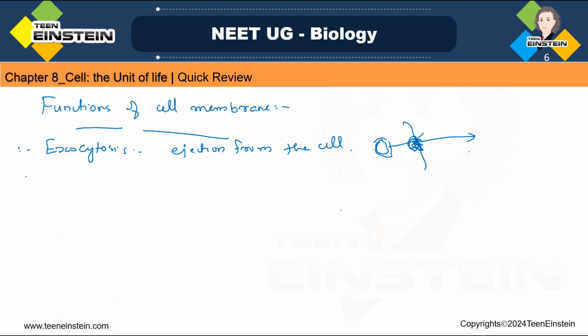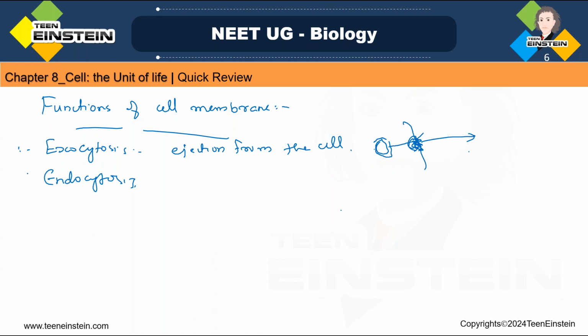Okay, next, endocytosis, or we can say pinocytosis. This takes place when the plasma membrane sinks beneath an external fluid drop. The membrane edges fuse, forming a fluid filled vesicle, and that's how it is taken inside the cell.